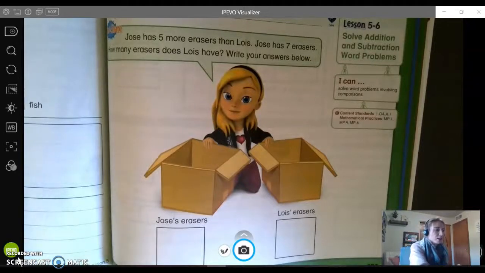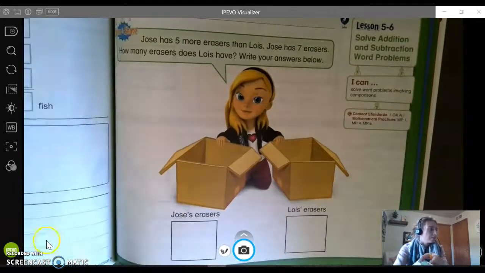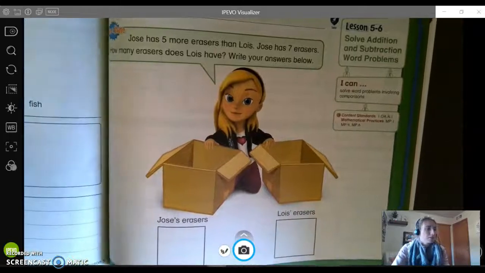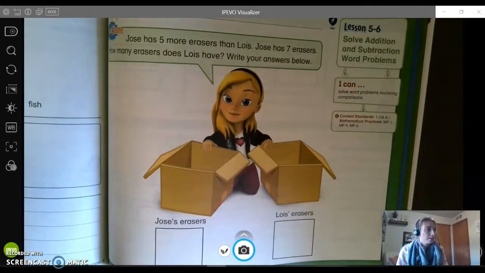If I start and you haven't found your page yet, you can click pause and that will pause me until you are ready to start. Okay. Today we're working on solving addition and subtraction word problems.